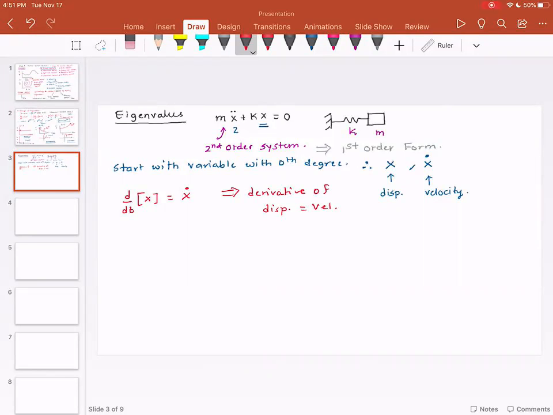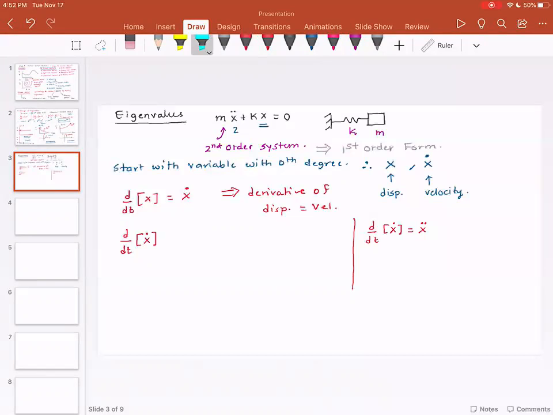Now I'm going to take the velocity expression and see what is d by dt of velocity. And d by dt of velocity is, I want you to notice, d by dt of x dot is actually x double dot. And I need to find out the value of x double dot.